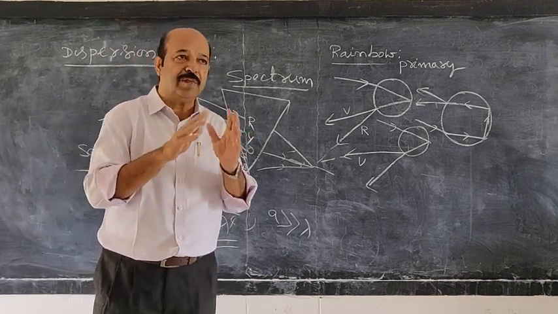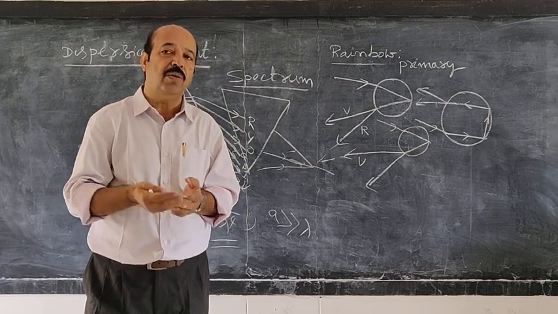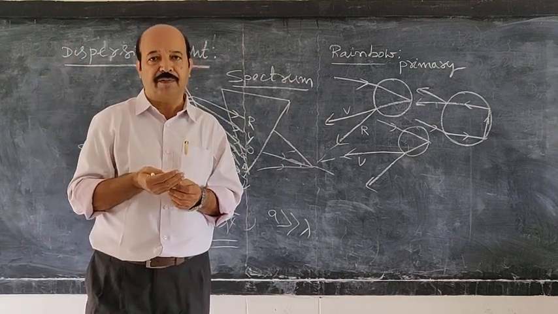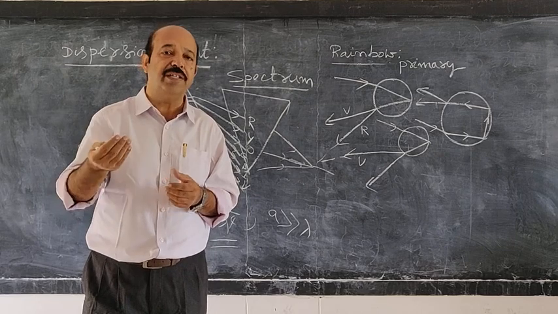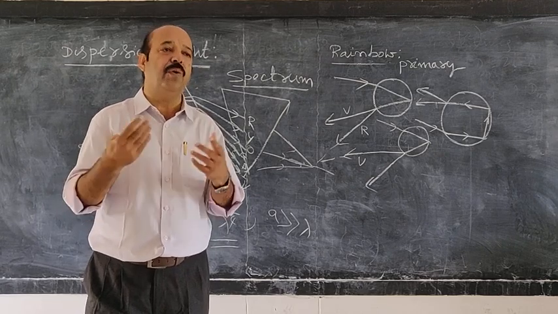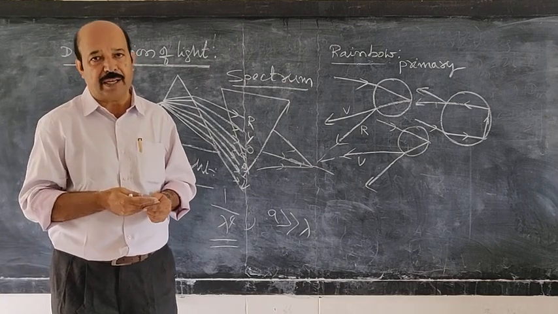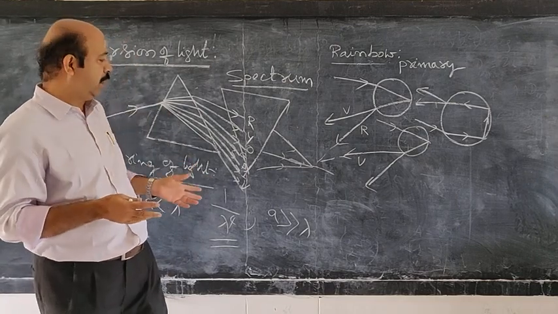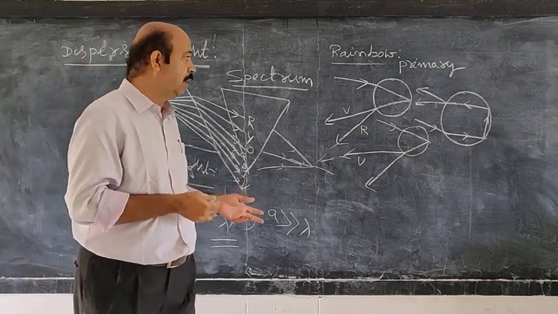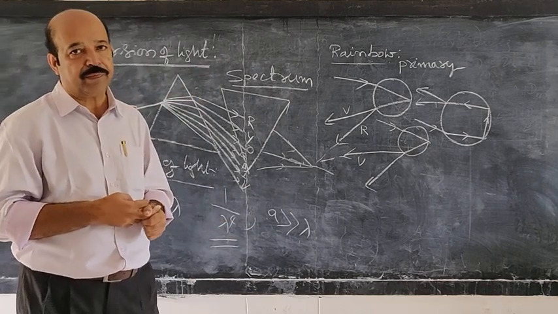Therefore, most of the shorter wavelengths are scattered. Only the longest wavelength, that is red light, reaches the eye. Therefore, the sun during rising or setting appears red. So, in that way, we can discuss about the scattering of light.